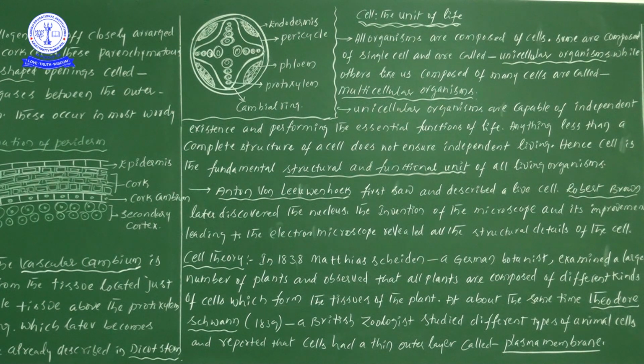I will tell you whatever information is there in the textbook. Next one, Robert Brown later discovered the nucleus. Anton von Leeuwenhoek first saw the living cell, and later Robert Brown discovered the nucleus.